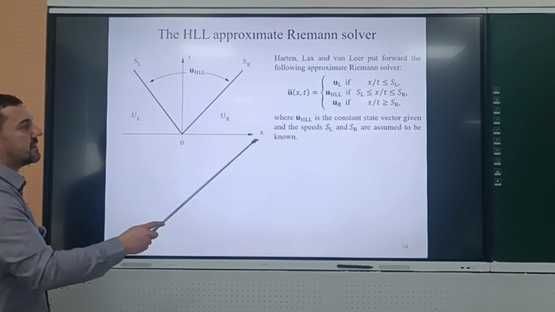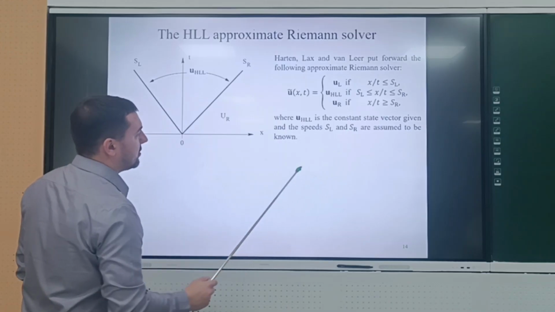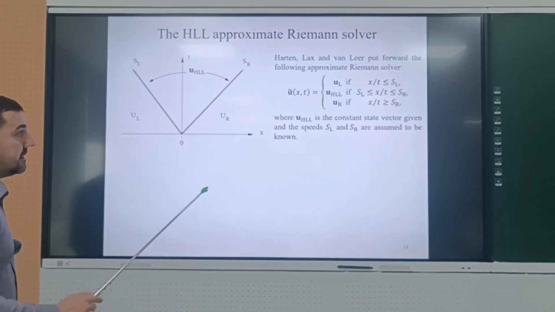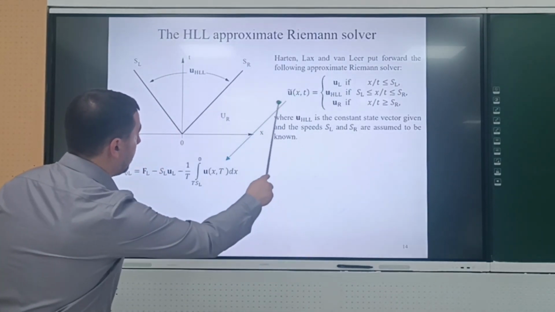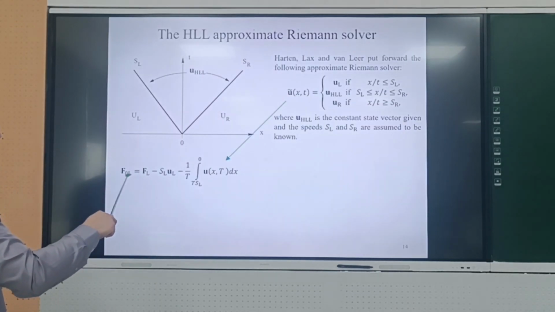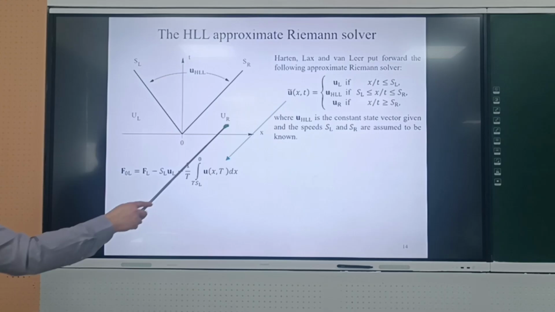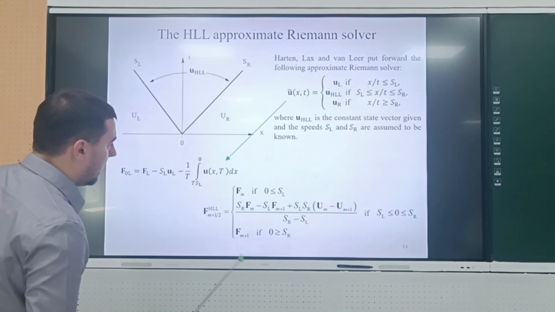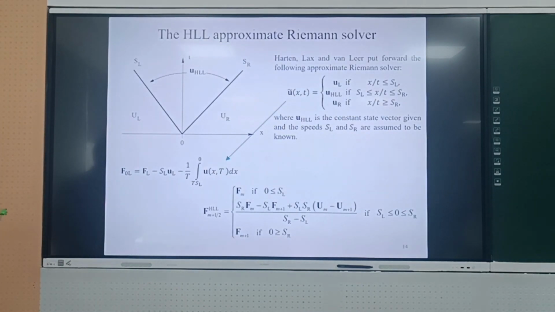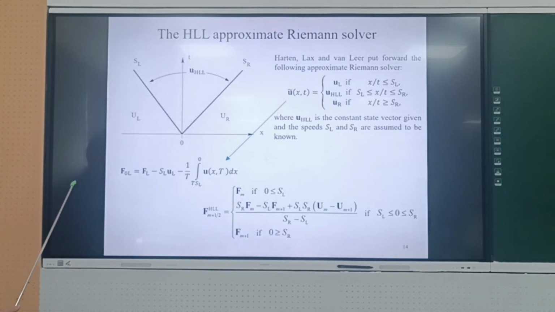U_HLL is the constant state vector given that the speeds SL and SR are assumed to be known. If we define all these states, we can now put them into the formula for F_0L or F_0R, it doesn't matter, and compute this integral.